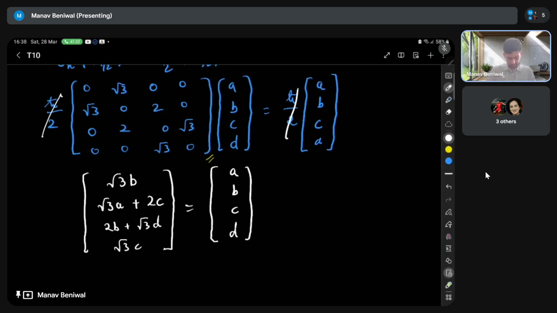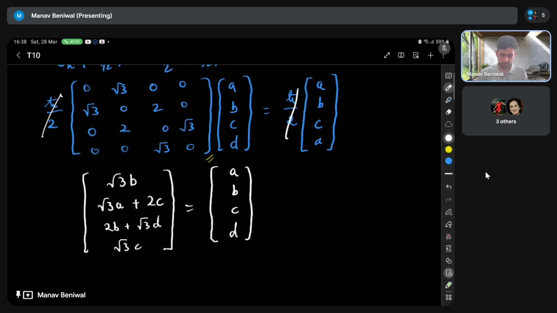So we have 4 different equations, and then we will have some relations between these a b c d, and using that relationship we will form our eigenvector.